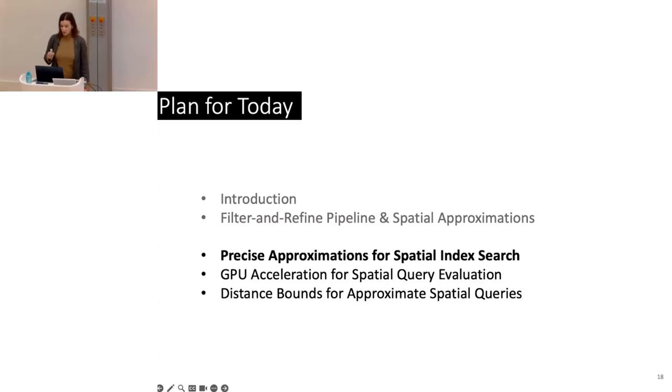So first, we will look at how we can make approximations more precise, and by doing that, we can do faster searches through a spatial index. And then I will talk about using GPU acceleration for evaluating spatial queries, and also how we can define distance bounds for enabling approximate query evaluation.